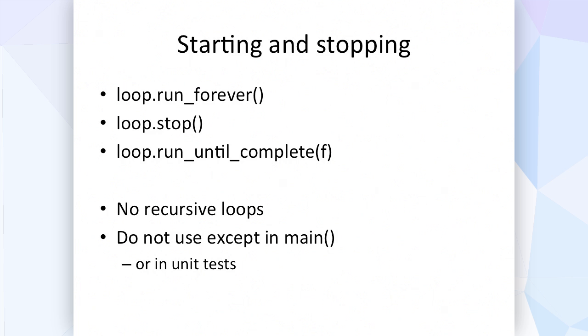Others do really not work well when you try to run an event loop inside an event loop. I think for maximum interoperability, Tulip does not allow you, and it actually enforces that you don't start the event loop when it's already running. So basically, the only place where you should be using this is either in unit tests or in your main function.